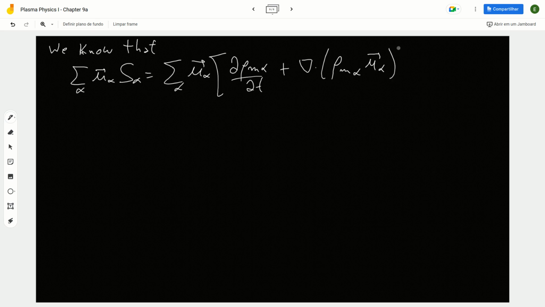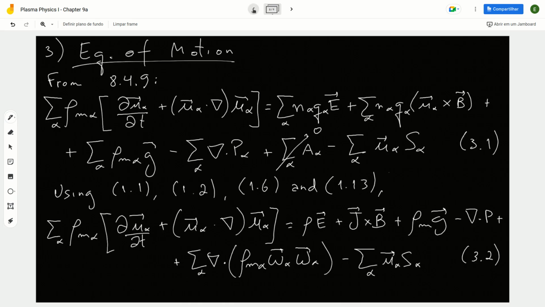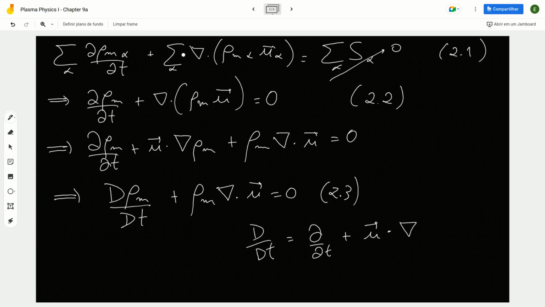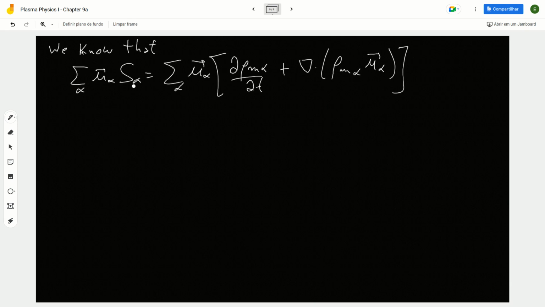Be careful here, you cannot say this is 0 just because I said the sum of it is 0. The sum of it is 0, but now I'm summing it multiplied by U. So we don't know if it's 0. So I have to add this, which is 3.3.